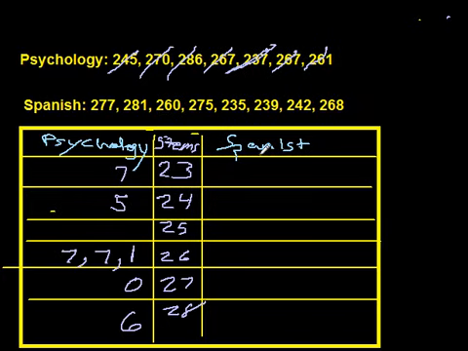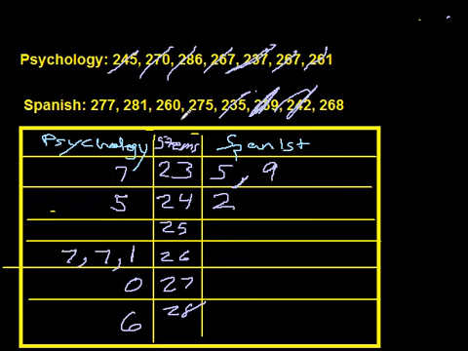So now I've got my Spanish. Well, the smallest number here is 235, so I put a 5 down. And then my next number would be 242, so cross it out, put a 2 down. Oh, I've got a 239 as well, so I can put a 9 down next to the 5. Also, let's see what other numbers.